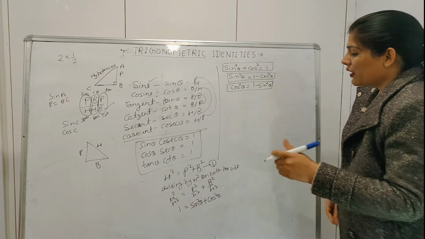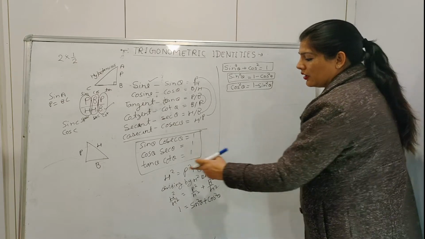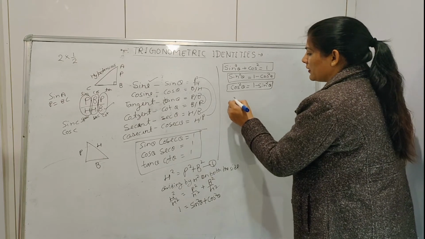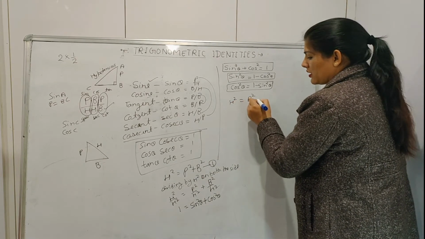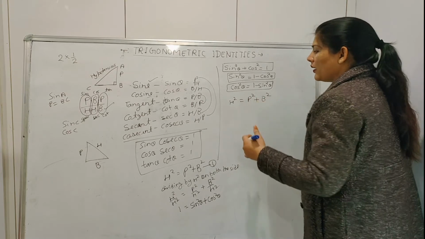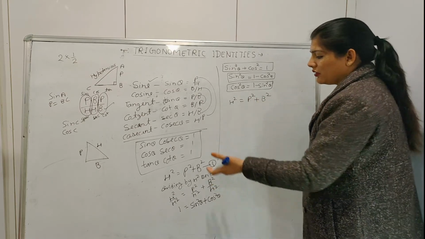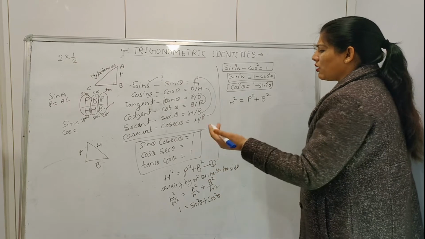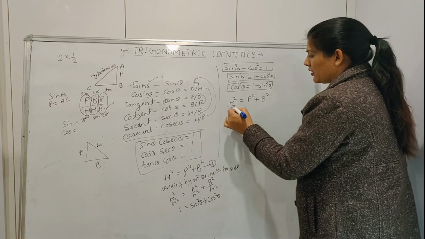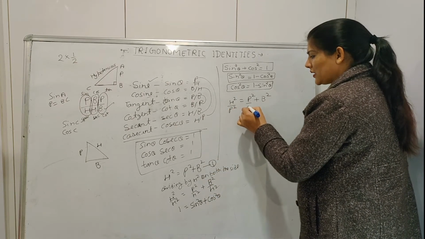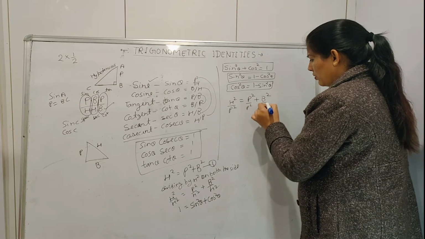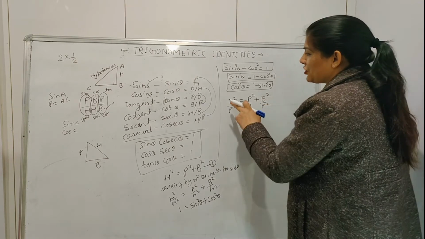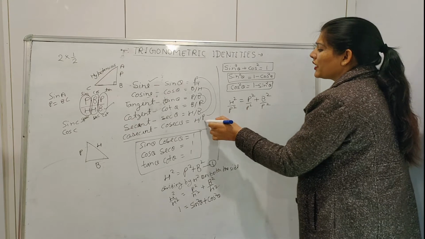And again, if you divide the Pythagoras identity, because we have done the division by H square, now suppose we are dividing the equation by p square. So what is the result here? H upon p. Now look at the trigonometric ratio.